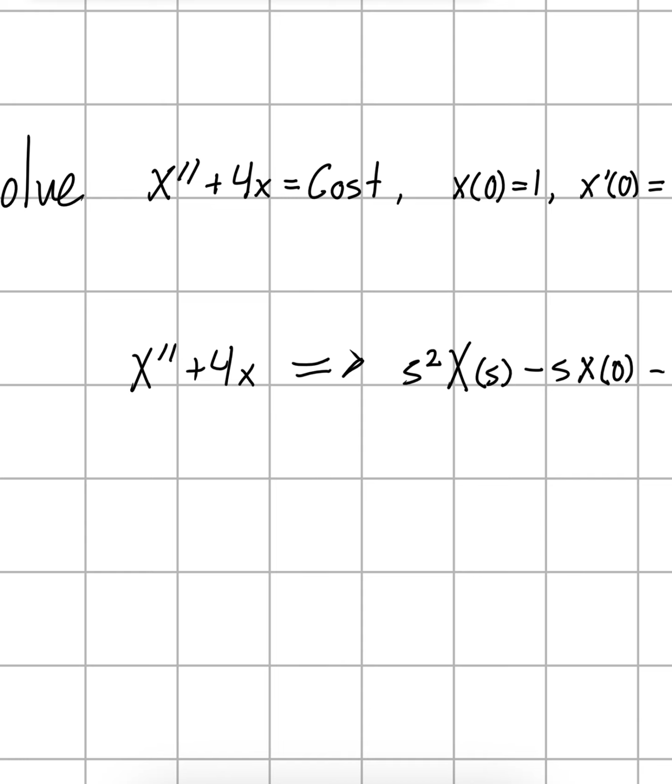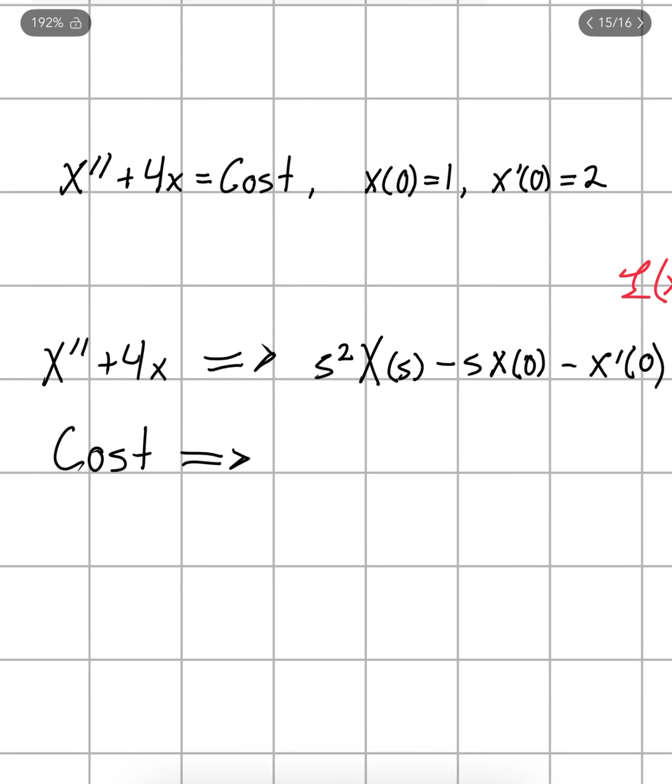So we will transform it. We have cosine of t, and when we transform that with the table, we get s divided by s squared plus 1. Since there is no actual value here, we just imply that it's 1.